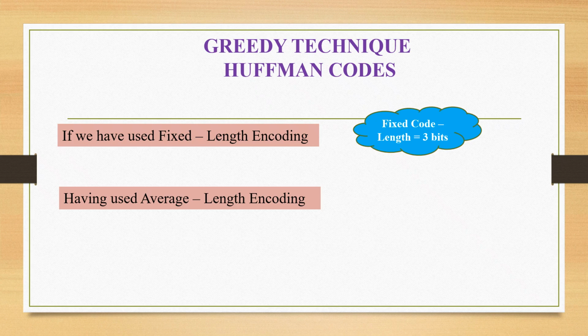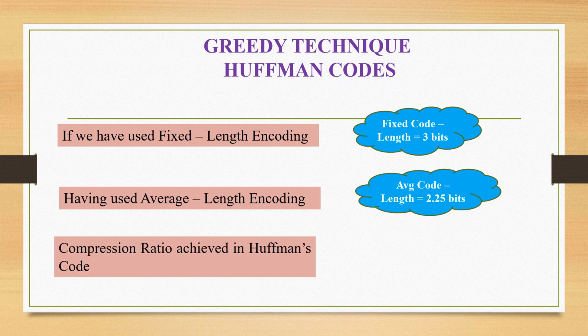If you had fixed length encoding, it would have 3 bits. See here, the rate has been tremendously reduced.